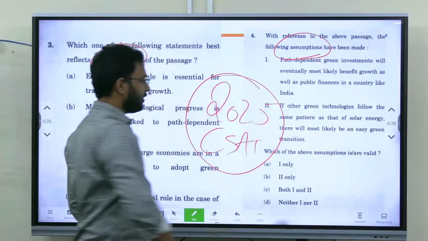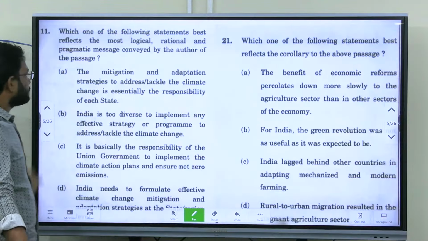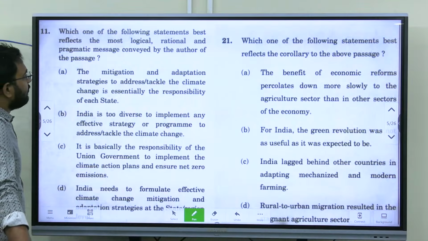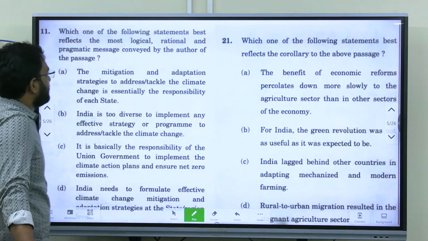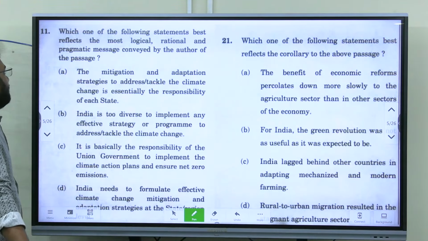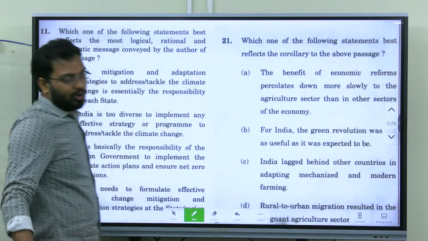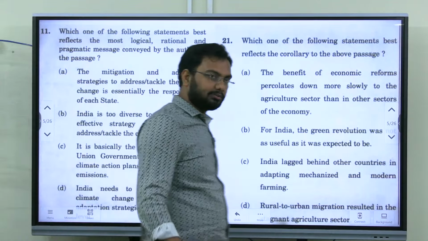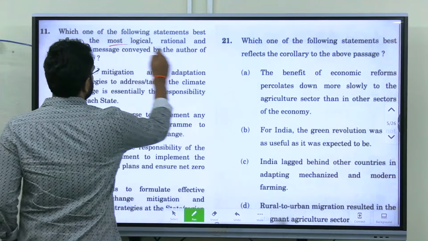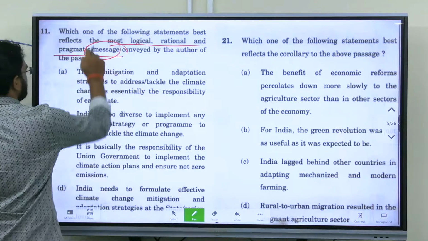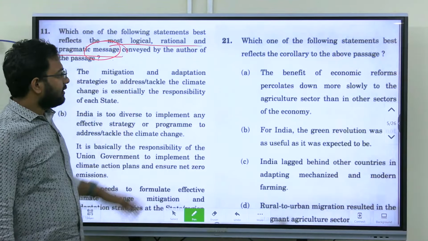Okay na? So these are not our own questions. Next, which of the following statements best reflects the most logical, rational and pragmatic message conveyed by the author? What is the keyword here? Logical, rational and pragmatic message. This is the keyword.